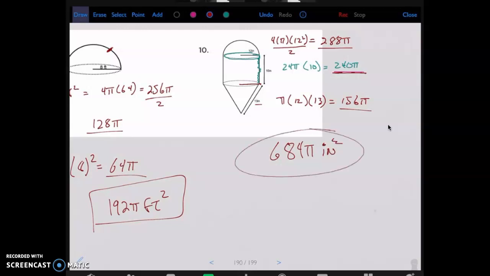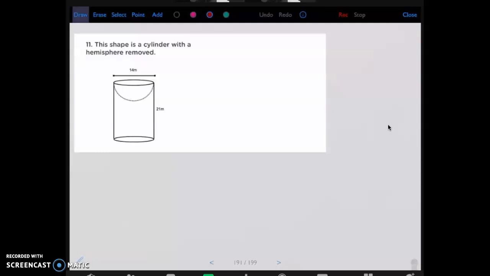Boom. One more. This shape is a cylinder with a hemisphere removed. Cool. So it's actually got an open top. So the radius of this thing is going to be 7. So again, this is going to be made up of 3 different surfaces: the inside hemisphere, the outside lateral edge of your cylinder, and then the bottom circle.